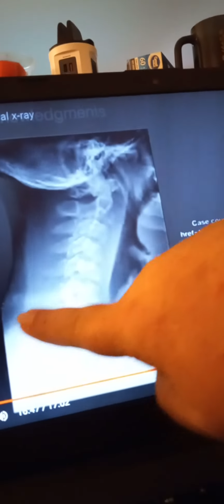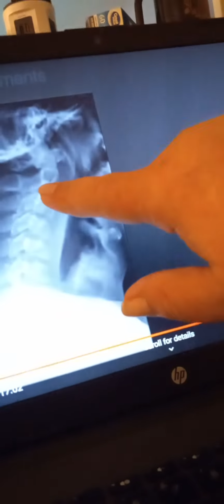But that's two injuries I was never told about. And see, like I said, this is up a little higher, but there's C1, 2, 3, 4, 5.